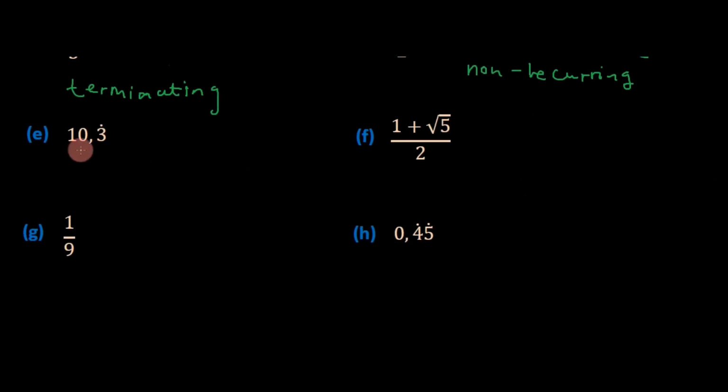Then 10.3 recurring. This is 10.3333, etc. So this is non-terminating. But in this case it's recurring. Then 1 plus the square root of 5 all divided by 2.